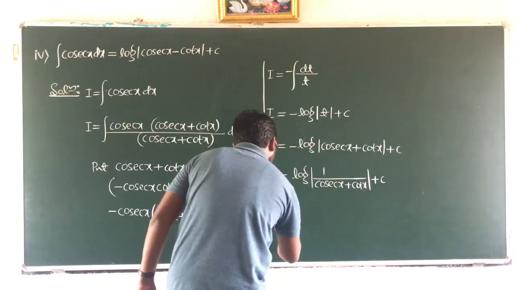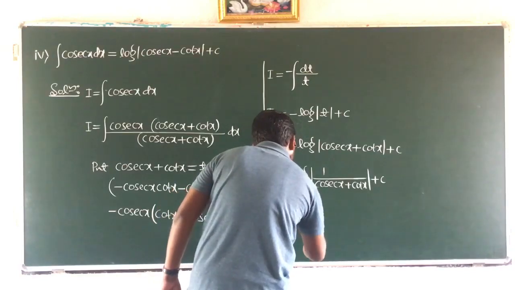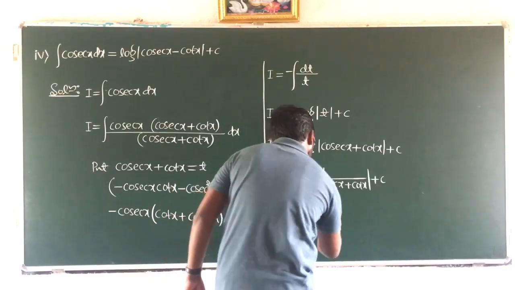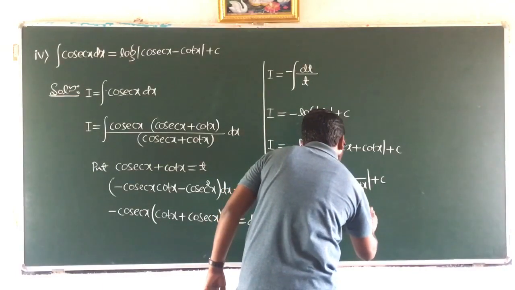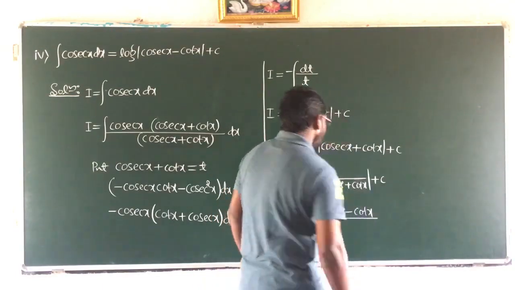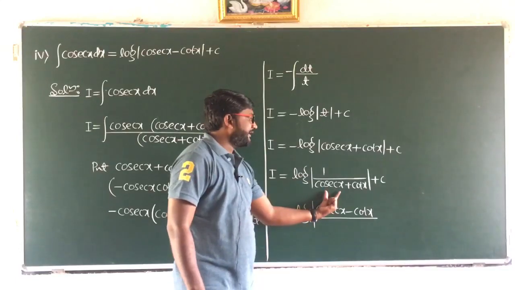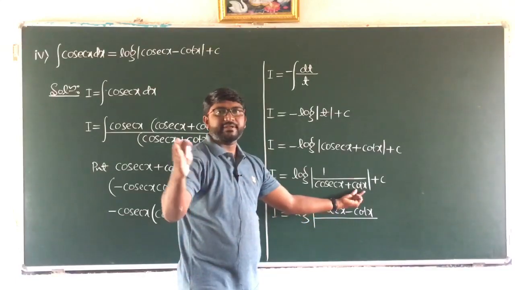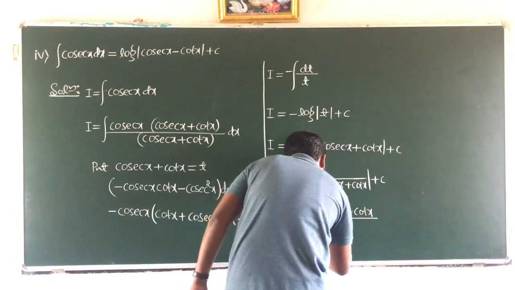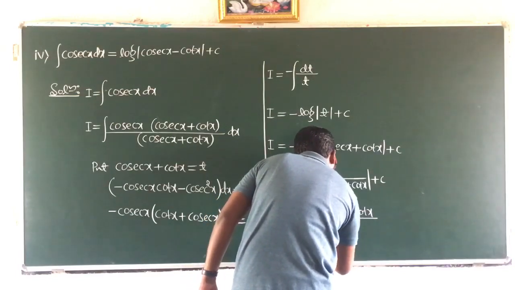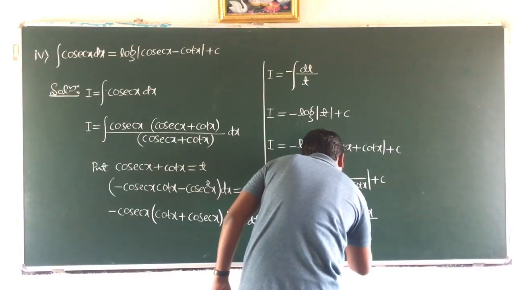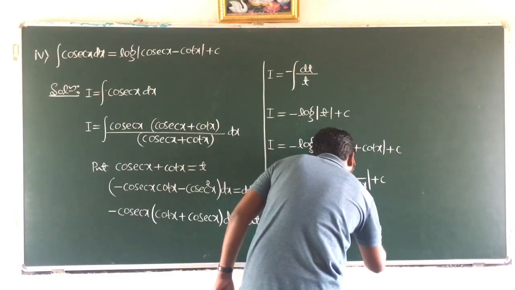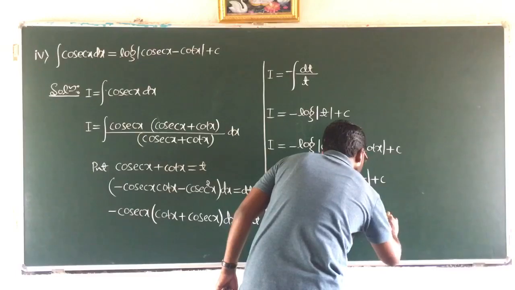So I is equal to log mod cosecant x minus cot x divided by cosecant square x minus cot square x plus c.